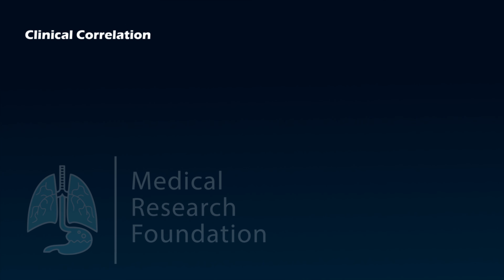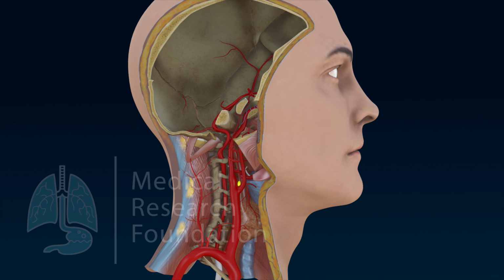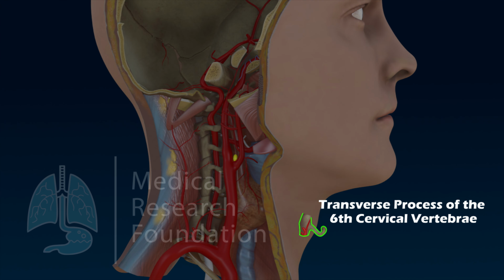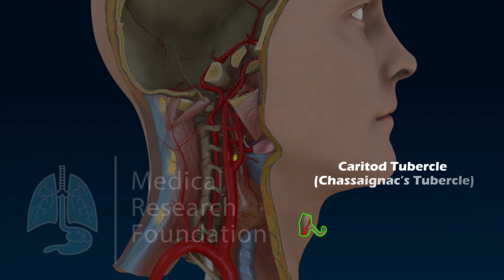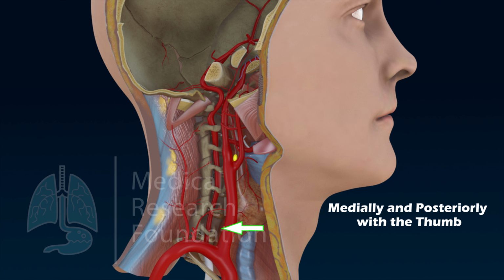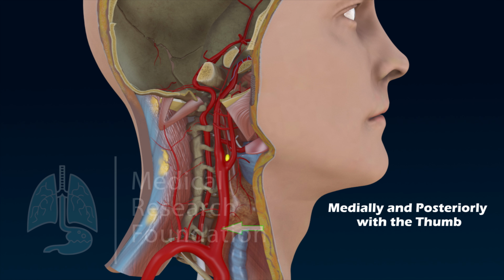Clinical correlation: carotid pulse. The common carotid artery can be compressed against the prominent anterior tubercle of the transverse process of the sixth cervical vertebra, called carotid tubercle, Chassaignac's tubercle, by pressing medially and posteriorly with the thumb.